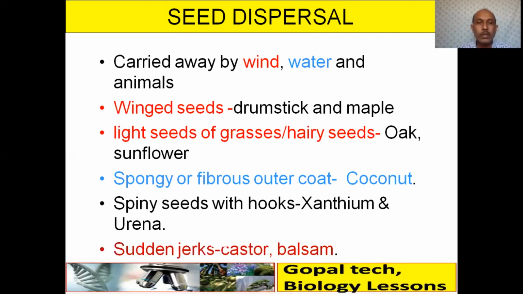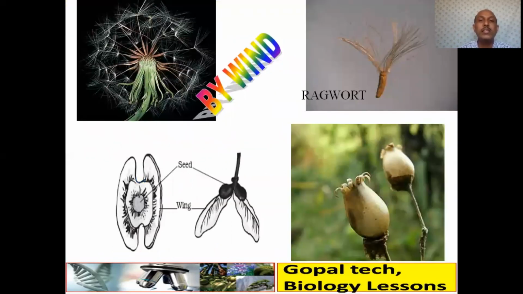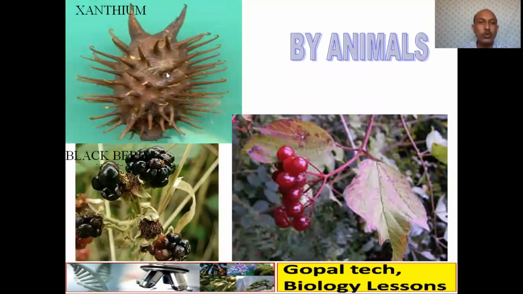Sudden jerk भी होता है castor और blossom में. So ये just revise है for your competitive exams. Here आप देख सकते हैं by wind ragwort है या winged seed, यहाँ पे drumstick है या इधर sudden jerk वगैरह होता है. By animals ऐसे hook like structure होते हैं या when the animals eat these black bears, through the digestive system excrete वो ऐसे ही चला जाता है.